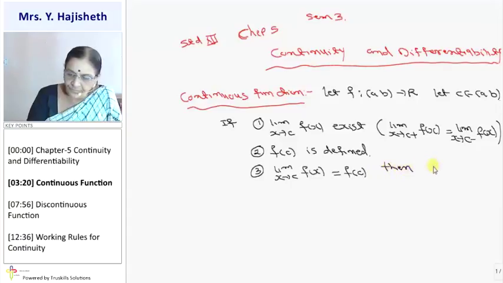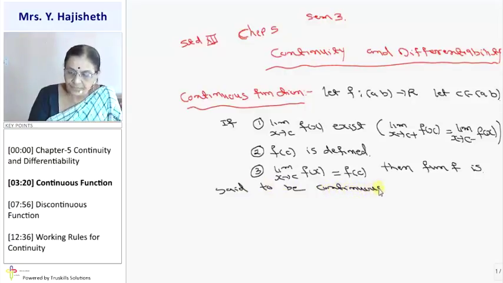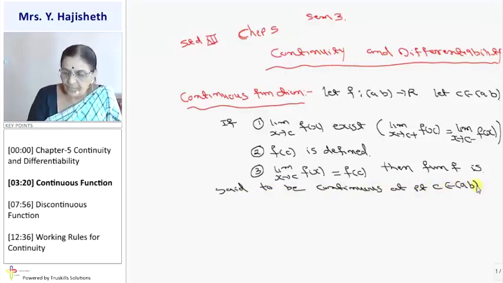Then function f is said to be continuous at point c belongs to (a, b).